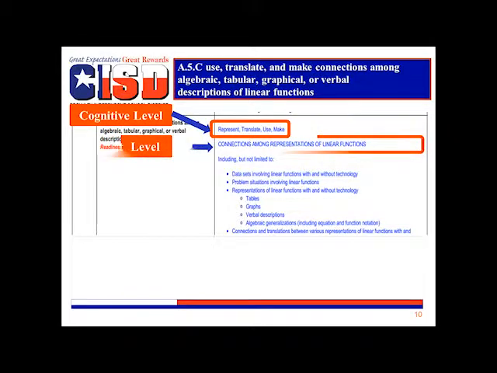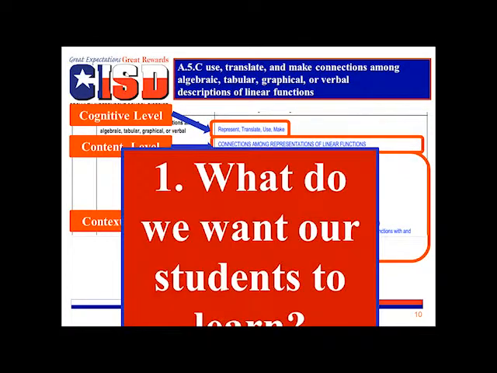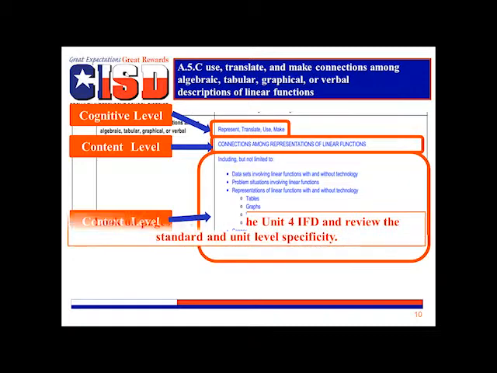Then identify the content level, which is the overall concept that students will learn, and in what context it will be taught. This practice aligns with leading question number 1. What do we want our students to learn? Please take a moment to pause the video to look on pages 19 and 20 of the Unit 4 IFD and review the standard and unit level specificity.